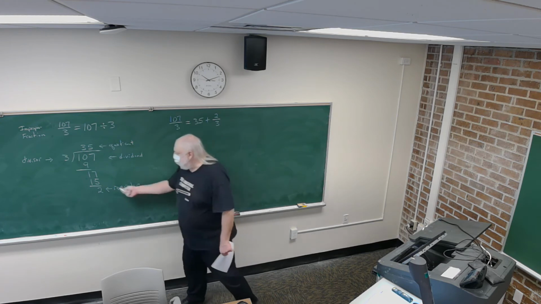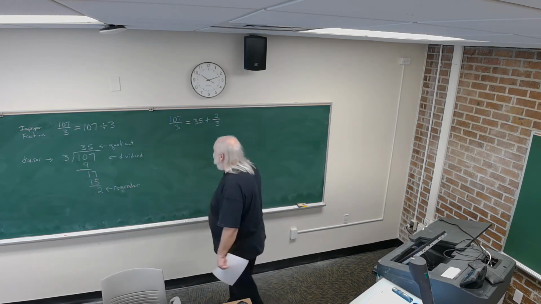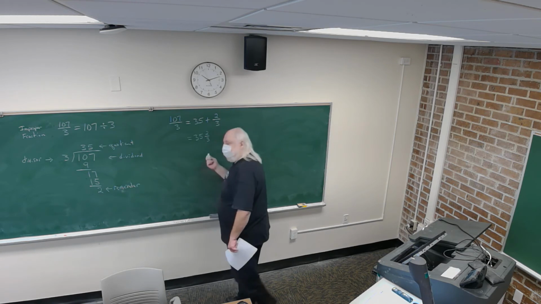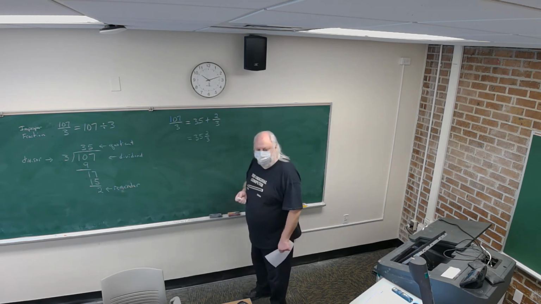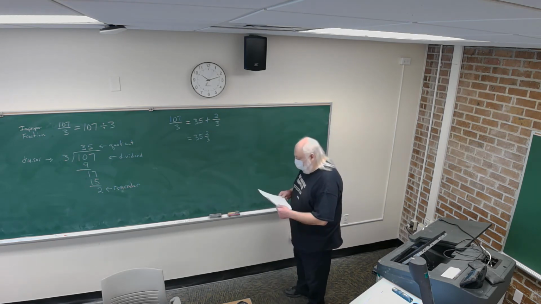You take the remainder 2 and divide it by the divisor. Some of you would write this as a mixed number, 35 and 2/3. That's what the mixed number 35 and 2/3 means: 35 plus 2/3.